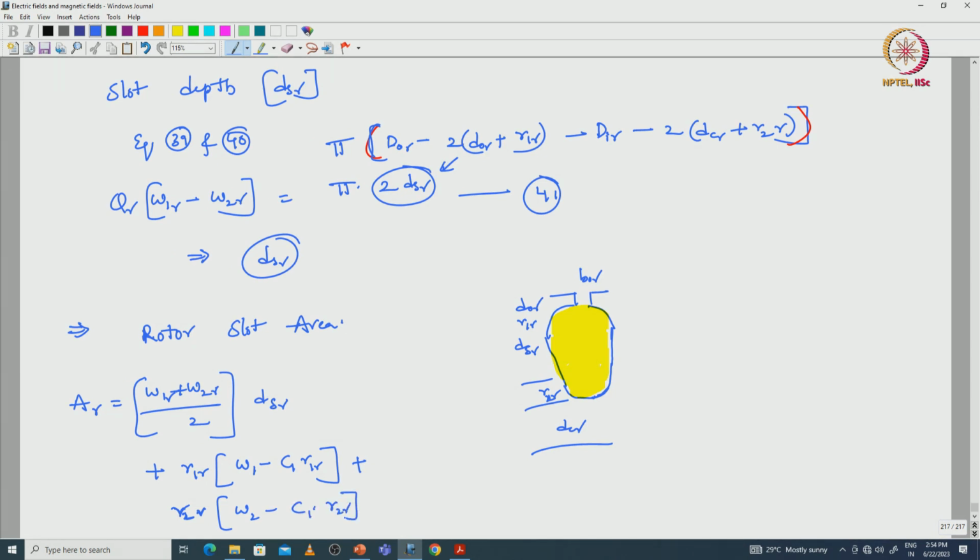This is the slot area equation in mm square, equation number 42. Here C1 is a constant, that is equal to 2 minus pi by 2, similar to the stator side slot area.